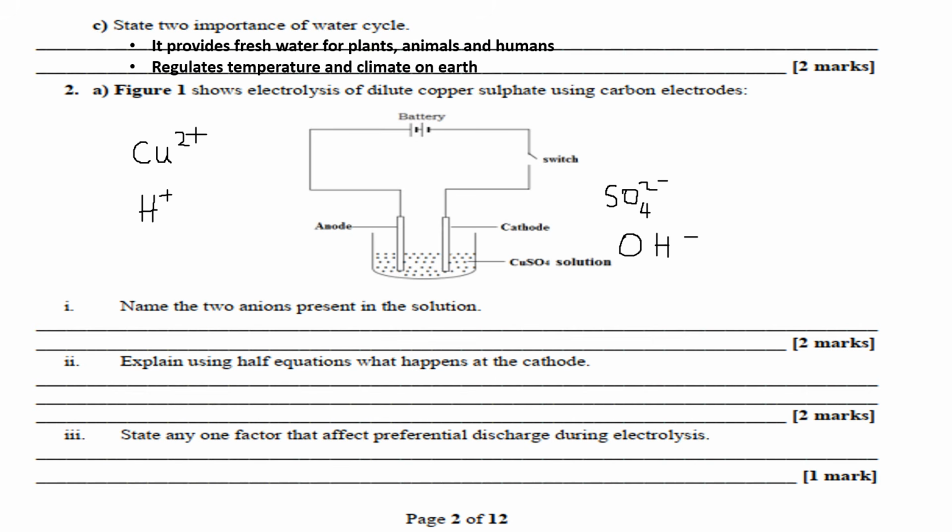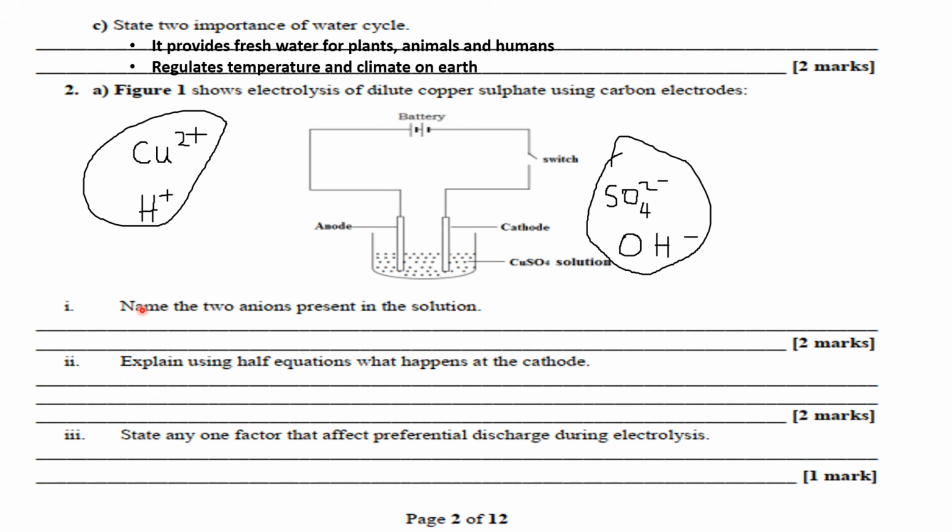So these are the cations, and these ones over here are our anions, negative ions. Positive ions are going to be the copper ions, Cu2 plus, and the hydrogen ions. The anions will be a sulfate ion, which is SO4 2 minus, and the hydroxide ions, the OH minus.